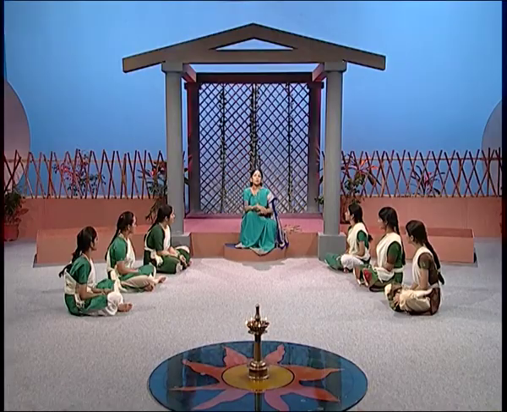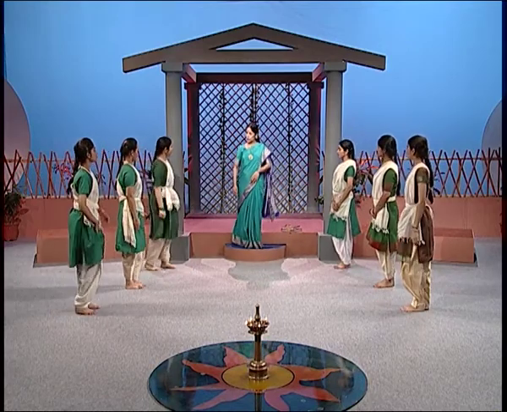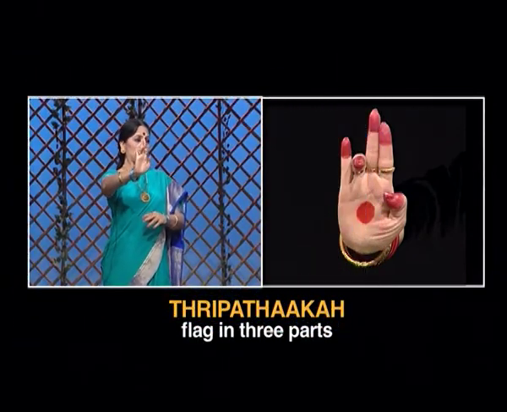Now, before I go into a detailed study about our dance, I just want you to first learn how to depict a tree. You must be wondering why I'm talking about a tree when I'm talking about the dance, but there's a reason for it. So just get up, all of you, and let me teach you how to depict a tree. To show the tree, we have to use the gesture Tripatakam. This is Tripatakam.